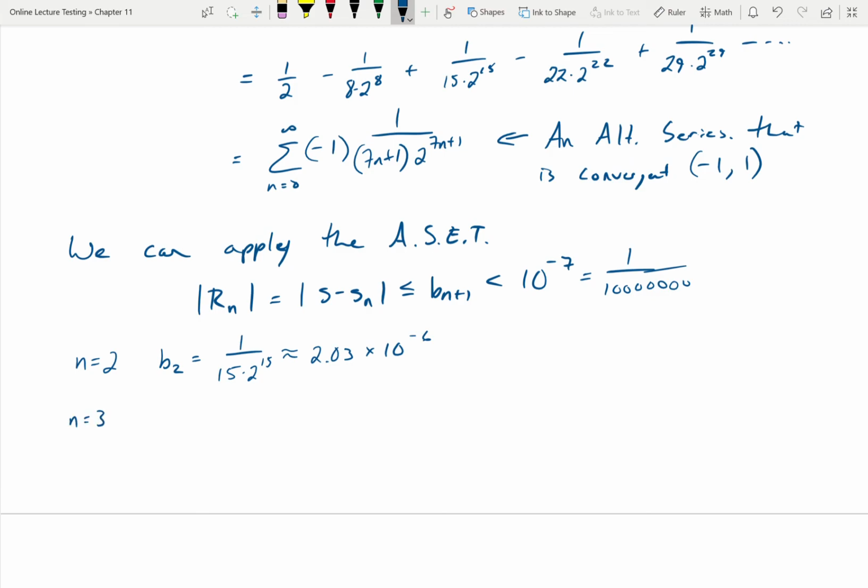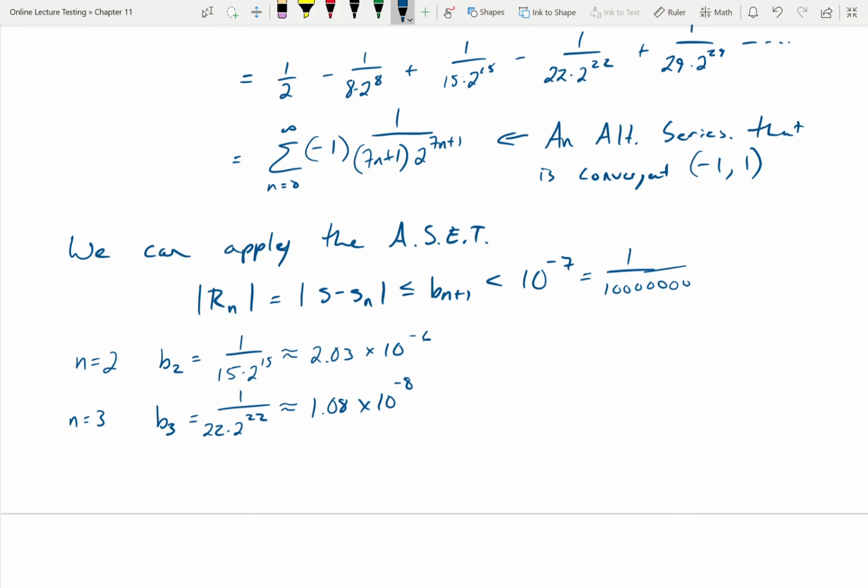n is equal to 3. The reason I'm doing this is because this is the 0 term, this is the first, second term. The third term, we're going to look at 1 over 22 times 2 to the 22nd. This is approximately equal to 1.08 times 10 to the negative 8th.